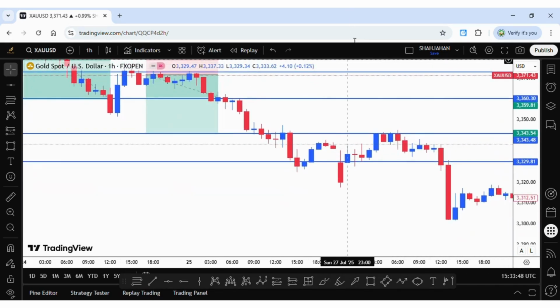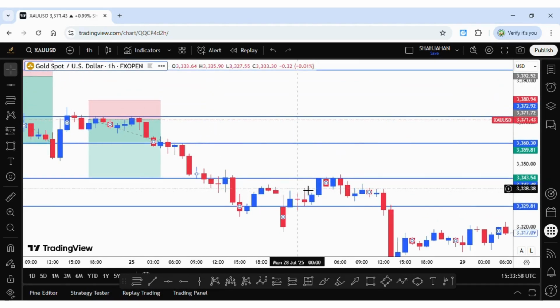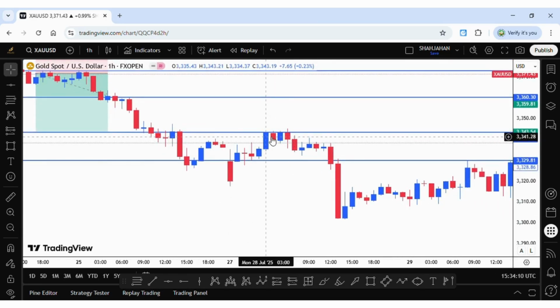So again, creating a new low, you can see the market is unable to reach the tap on the extreme and the market gets a rejection again in this area and gives you a red candle.